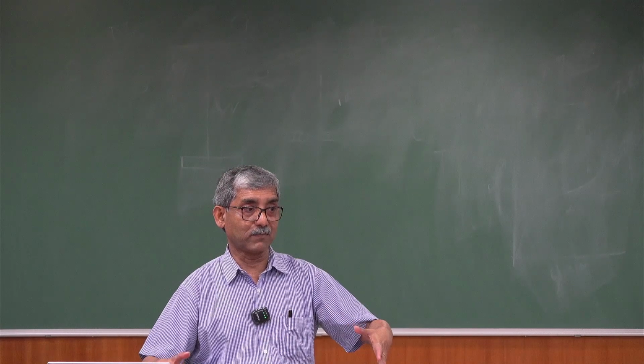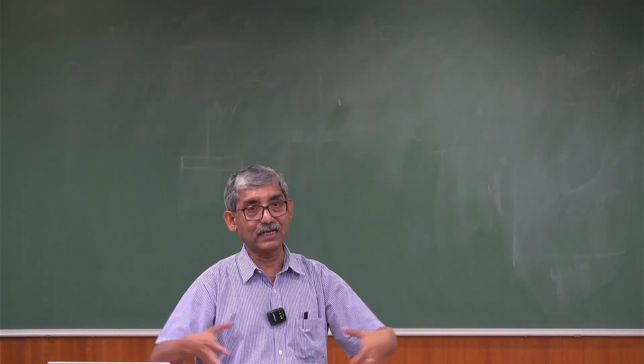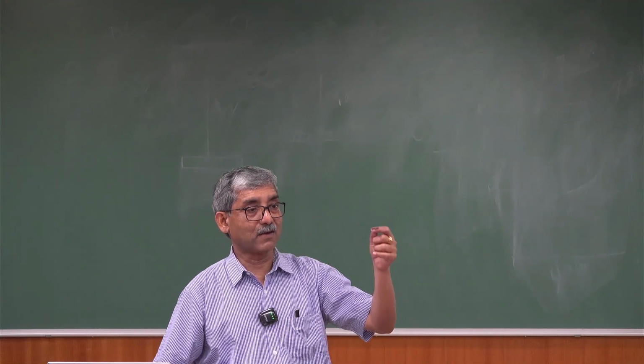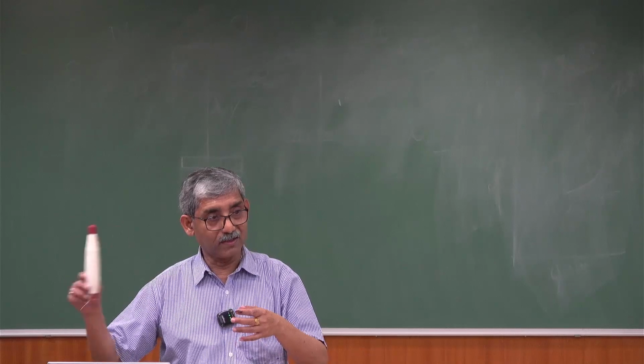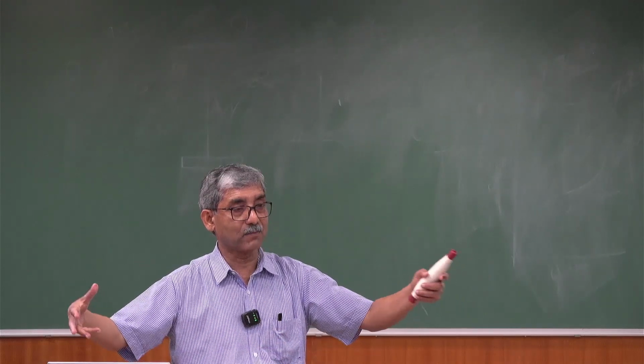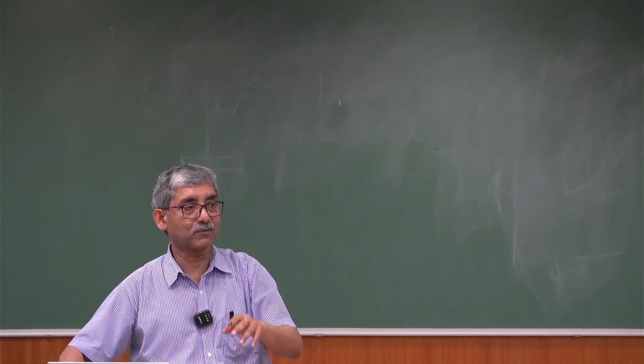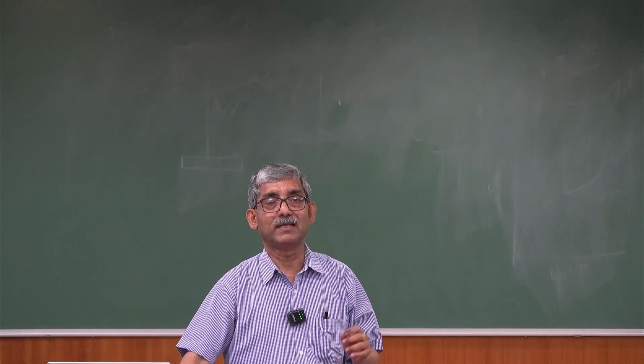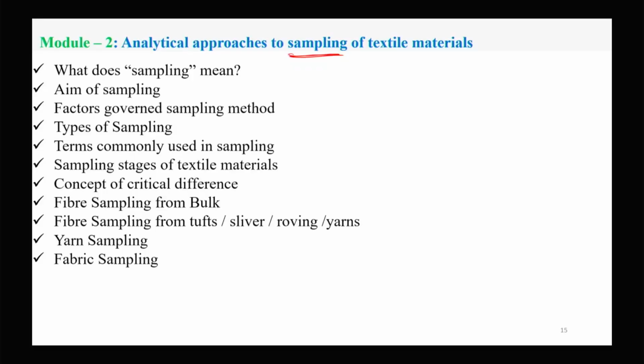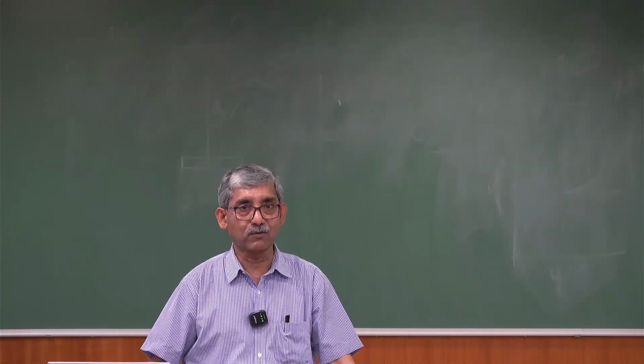Then yarn sampling. After fiber sampling, then yarn sampling, like yarn sampling from the bobbin, yarn sampling from cone, yarn sampling from fabric. So there are different types of yarn sampling. Then fabric sampling, for say strength testing. So the techniques are different, that we will discuss here.